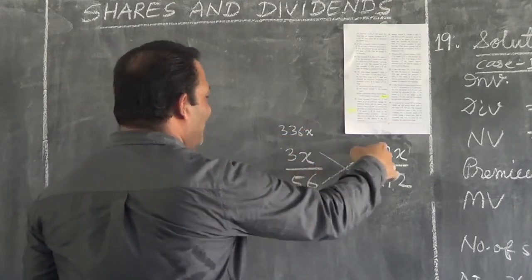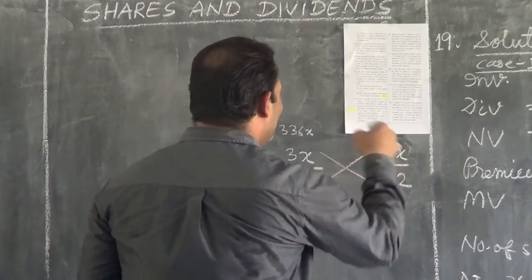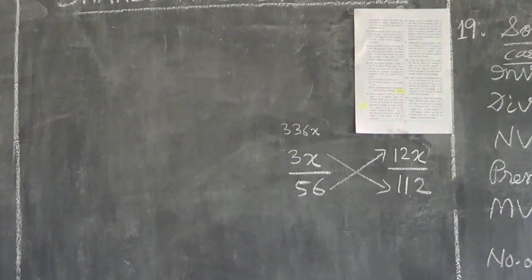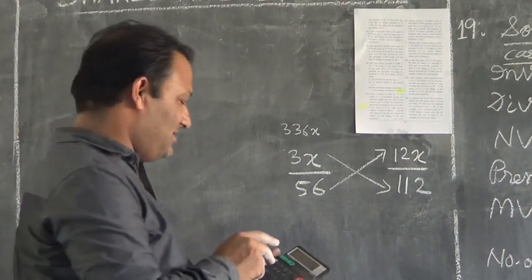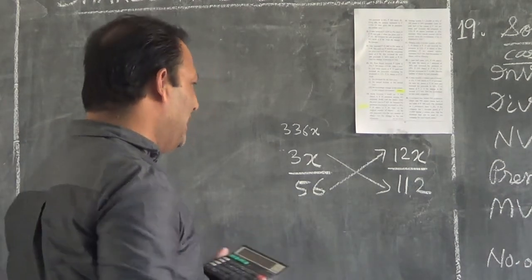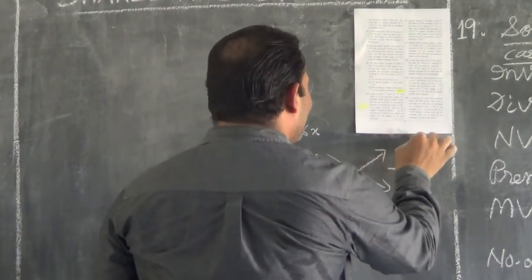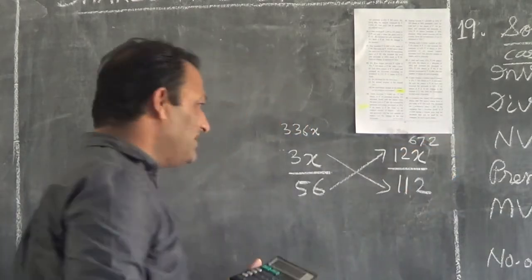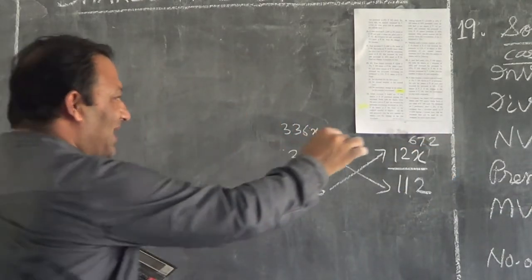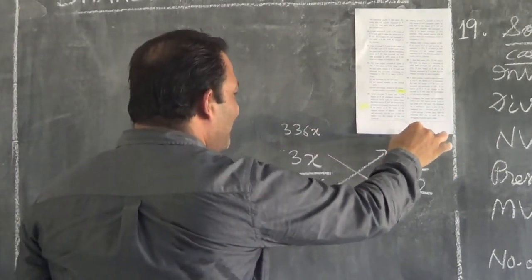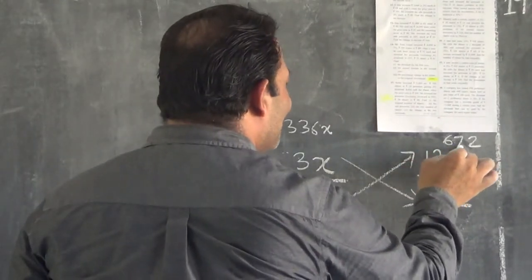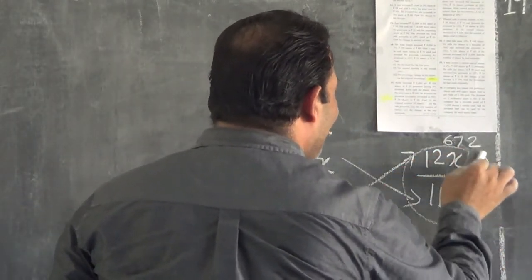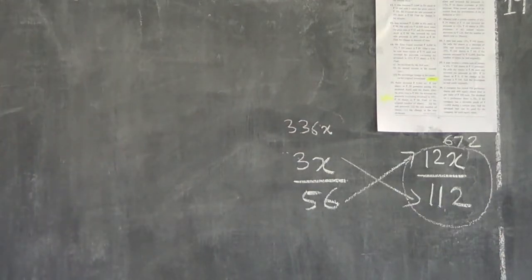Now here you see 56 into 12. Comparison of fractions, children. 56 into 12 is 672. Now this value is bigger, that is why this one is bigger. So the second year's annual income is bigger.